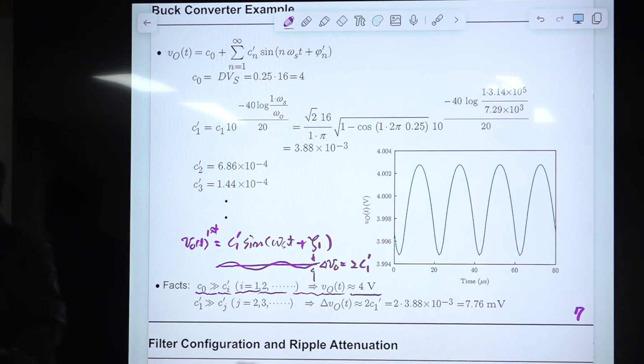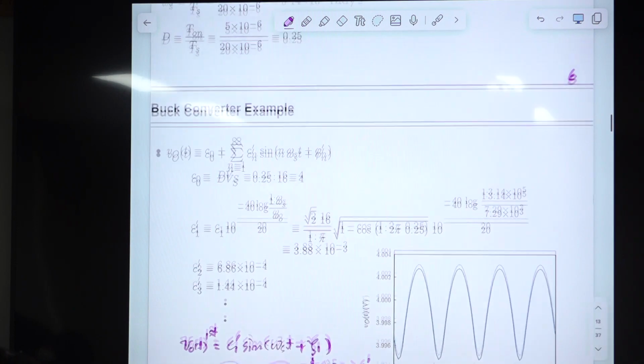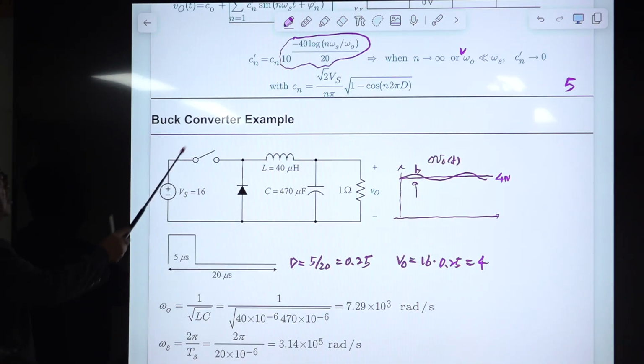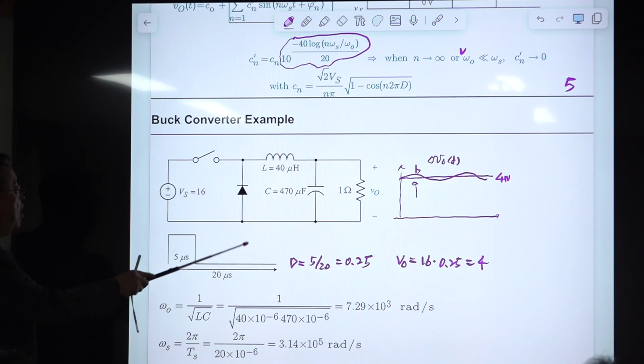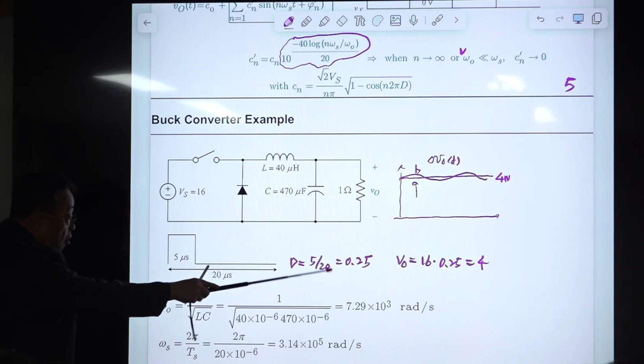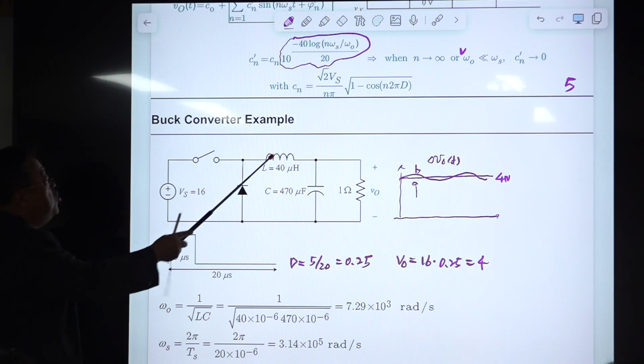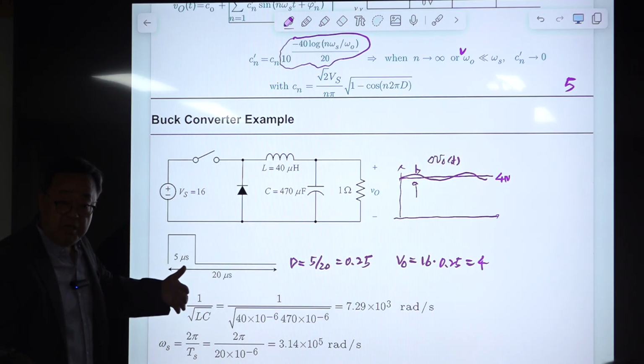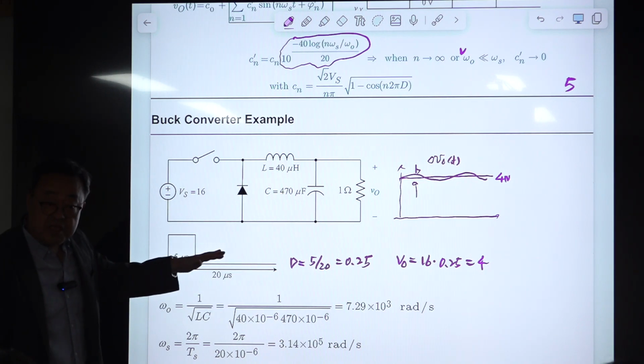Okay, so for step down DC to DC power conversion, obviously we need this SPDT switch, transforming this DC to this pulse type waveform. Okay, and you need a low pass filter for the averaging of this.